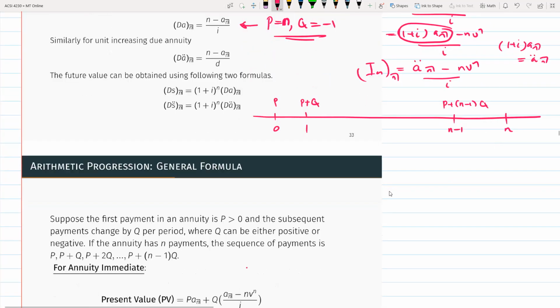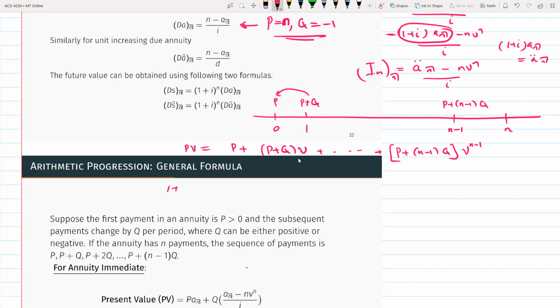So the present value, if you write the first line, it's going to be P plus QV, because you have to discount it to time 0, and all the way up to P plus (n minus 1)Q Vn minus 1. You can try the same approach, multiplying by 1 plus i, and see whether you can get a formula.